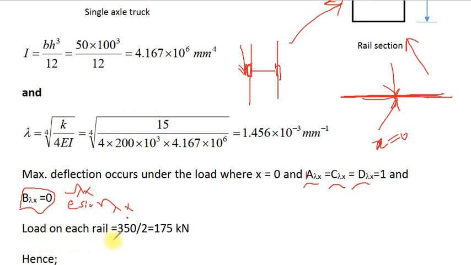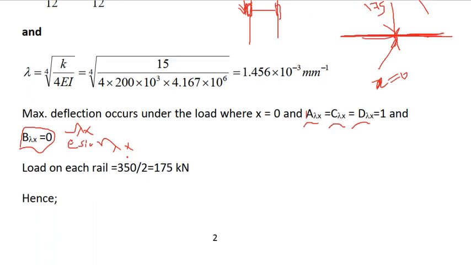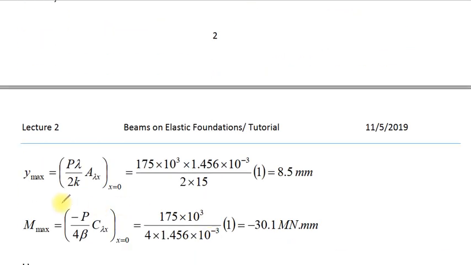Load on each rail equal to 350 over 2, 175. This force will be 175 kilonewton. Hence, y maximum will be P lambda over 2K multiplied by A lambda x, the factor of lambda x. A lambda x will be equal to 1.